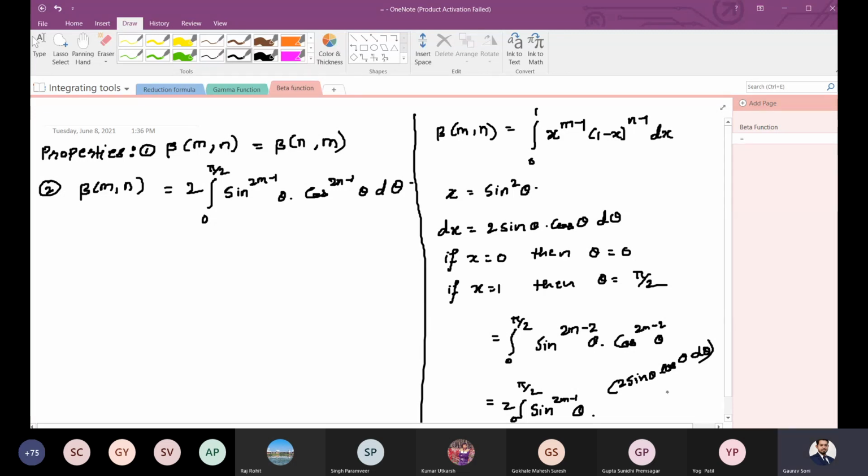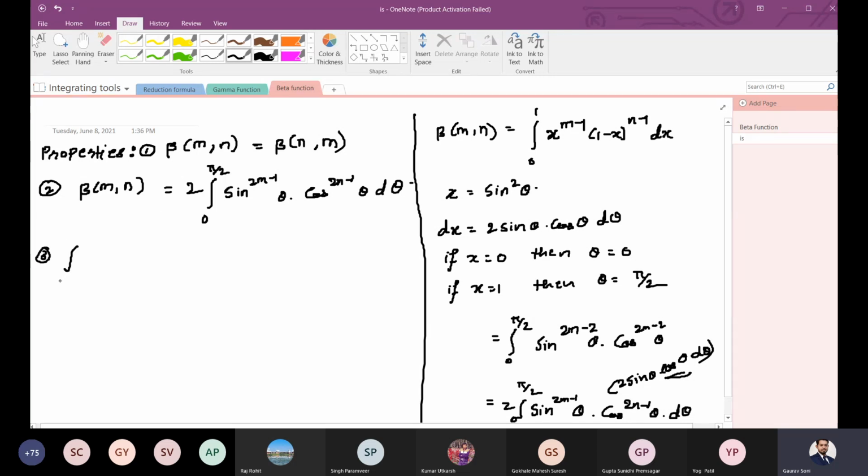Similarly, cos raised to 2n minus 2 into this cos theta will be cos raised to 2n minus 1 theta d theta, and 2 outside. So this is the one and the same expression. This expression is actually not used anywhere, but a version of this.